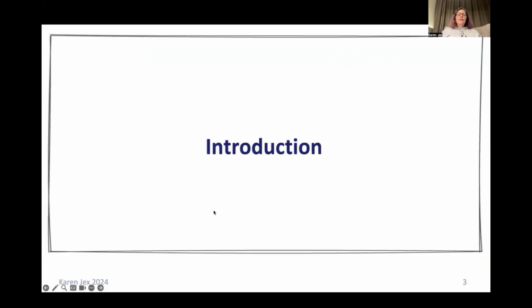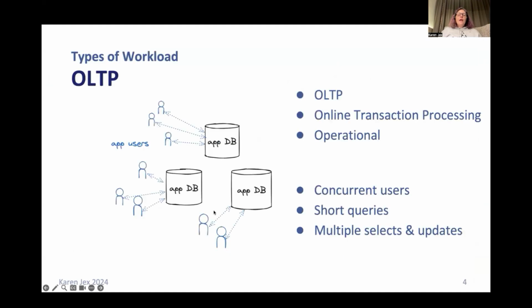What am I actually going to talk about and why? Let's do a quick recap of different types of database activity to try to answer that question. You probably have at least one application with a database backend that's constantly being queried, inserted into, and updated by a number of application users.